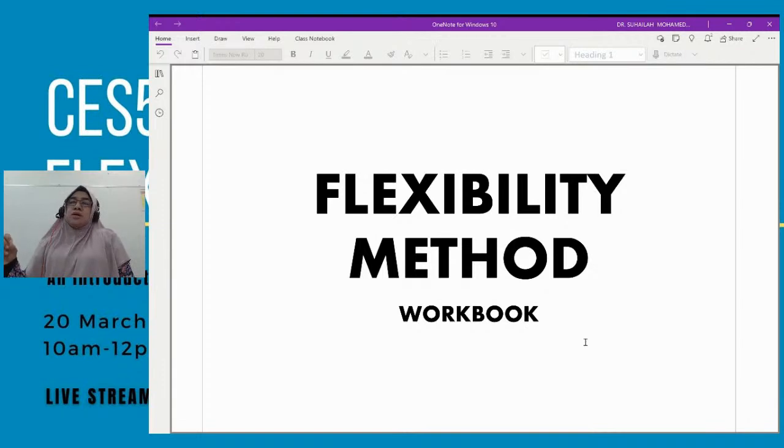This semester we will have a module based on each topic. So module 1 is based on topic number 1, flexibility method. Why do I put flexibility method as topic number 1? Because you will use this knowledge in lab.